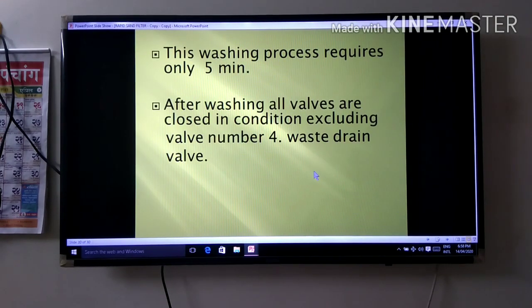This washing process requires only 5 minutes. After washing, all valves are closed, excluding valve number 4, the waste drain valve. That means only valve number 4 is open for all the wastewater to drain out.